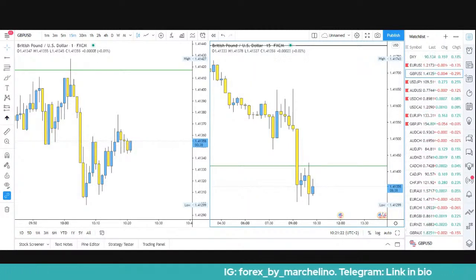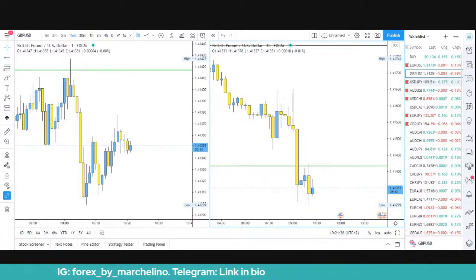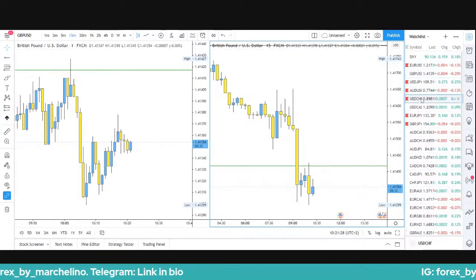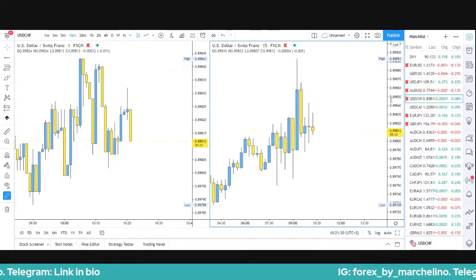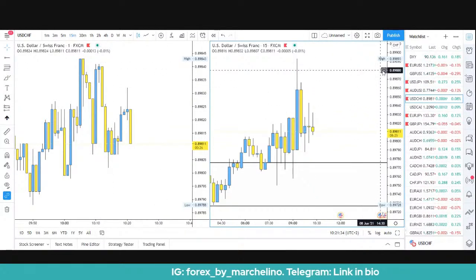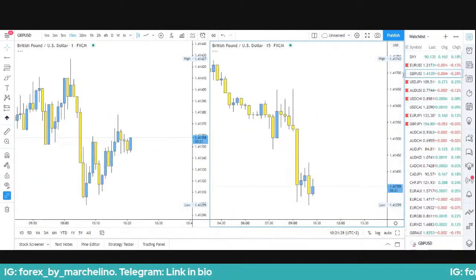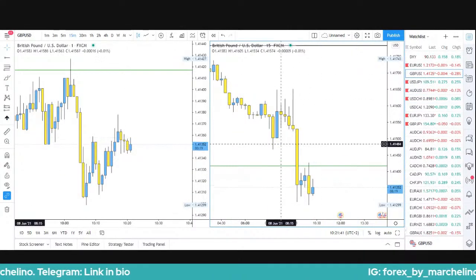I don't think this is dollar strength, because looking at everything else, it doesn't seem like dollar strength. So that seems more like pound weakness. That's what it seems like.